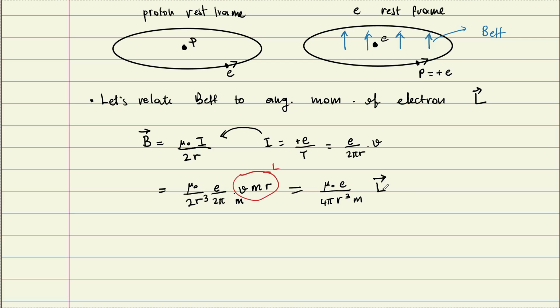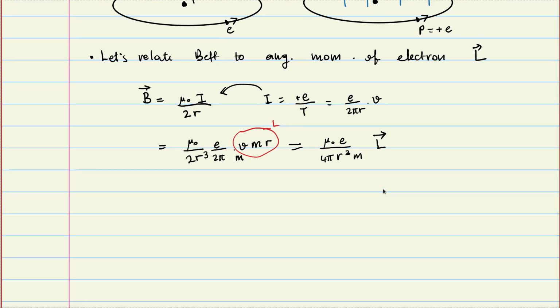Any questions? Simple stuff, I'm just using what I know already. Then this B is going to couple to spin. Then there will be some U equal to, if you remember, minus mu, now this is angular momentum due to spin S, dotted onto B effective.